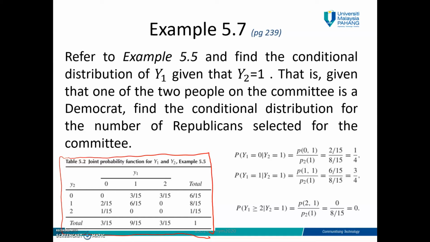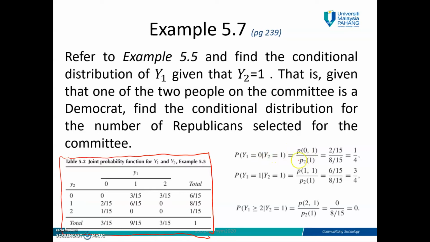Based on the previous definition, y1 can still be 0, 1 and 2, given y2 equal to 1. If you look at table 5.2, you can get here p(0,1) divided by p2(1), because here we want y1 equal to 0 given y2 equal to 1.